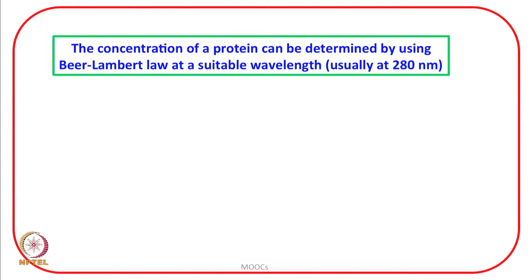Now, let us look at this slide. Before we start any experiment, we need to determine the concentration of the protein or the nucleic acid or any biological macromolecule that we are interested in.